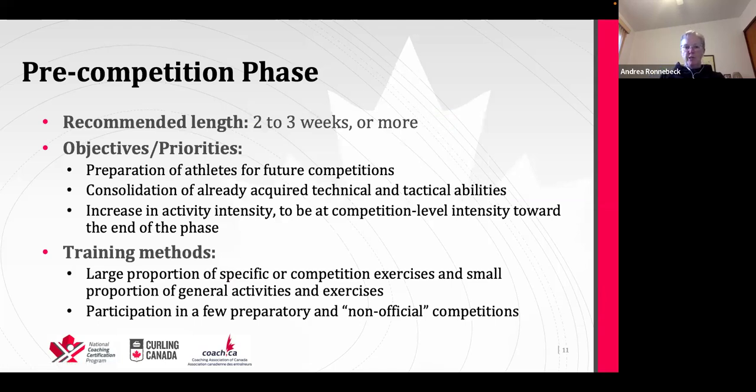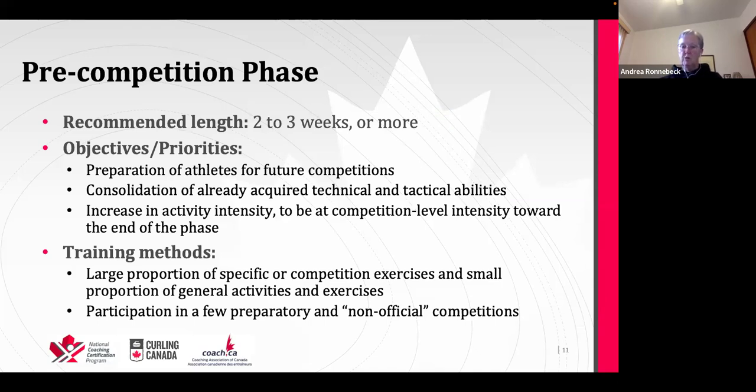So the pre-competition phase is 2 to 3 weeks or more. It prepares athletes for future competitions, consolidates already acquired abilities, there's an increase in activity intensity to be at the competition level of intensity at the end of the phase.